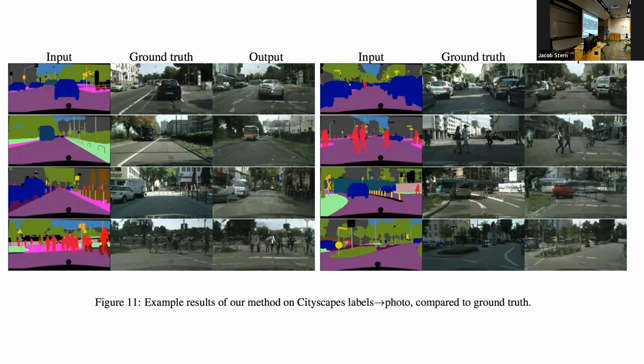Totally, yeah. So Spencer said that in one direction of this problem, it's pretty easy to see that there's probably only one correct label for this image of bikers and pedestrians. However, in the opposite direction, there are probably many photos that could satisfy this kind of pixel by pixel labeling.